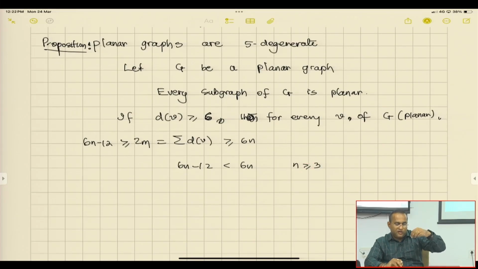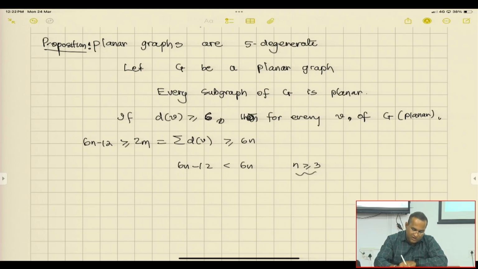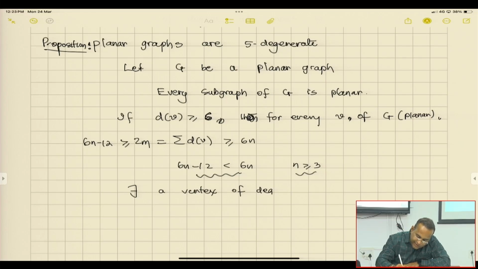When we are talking about degree of v greater than or equal to 6, the number of vertices in that graph will definitely be at least 6, right? So here it is a contradiction. That's why there exists a vertex of degree at most 5 in a planar graph.